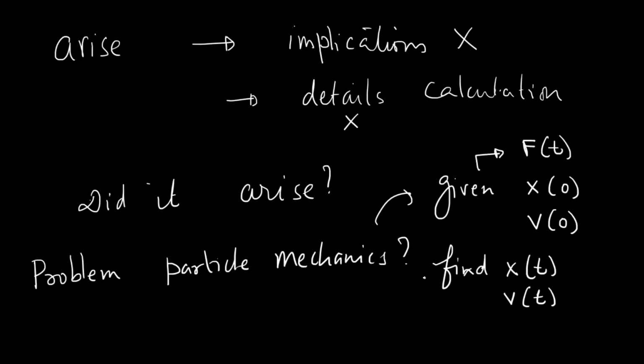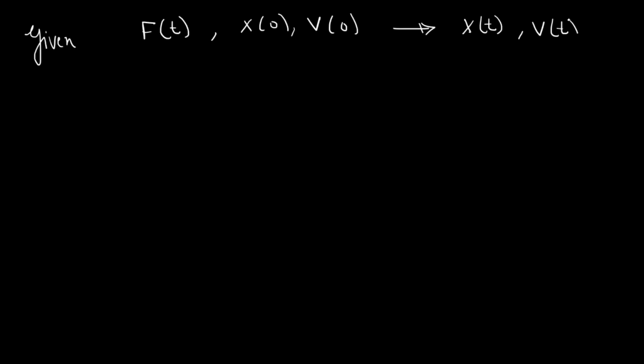This is the way we have understood the problem in mechanics, and in particular to understand the significance of Newton's laws and their associated calculations. Once again I shall repeat the statement: given the force history as a function of time and the initial position and the initial velocity, we pose the question, what is x at all time and v at all time?